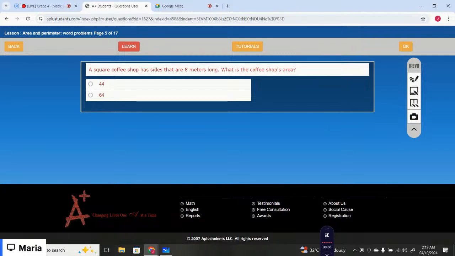A square coffee shop has sides that are 8 meters long. What is the coffee shop's area? Which is the correct option?